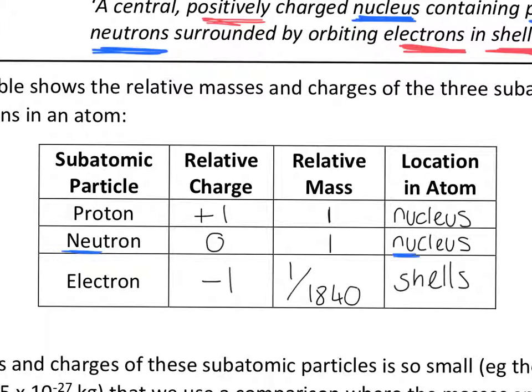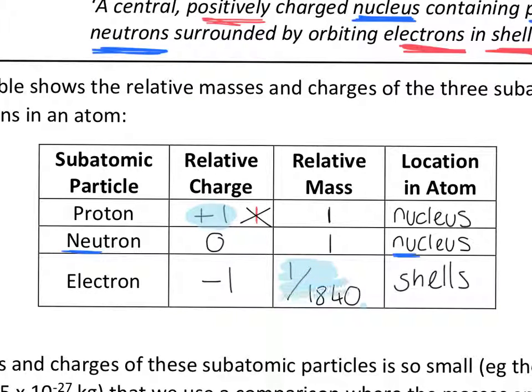A lot of people would lose marks for silly things. For example, we know that the relative charge of a proton is +1, but sometimes people just write that the relative charge of a proton is 1. And that is wrong. It has to be written as +1. Another common mistake would be in the relative mass of an electron.